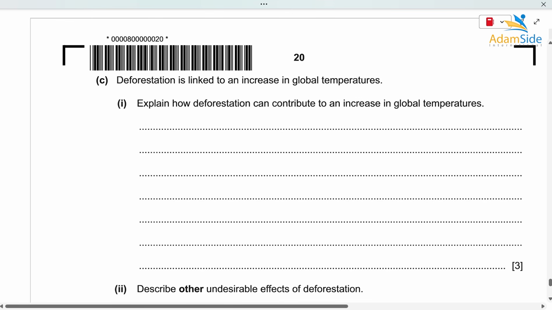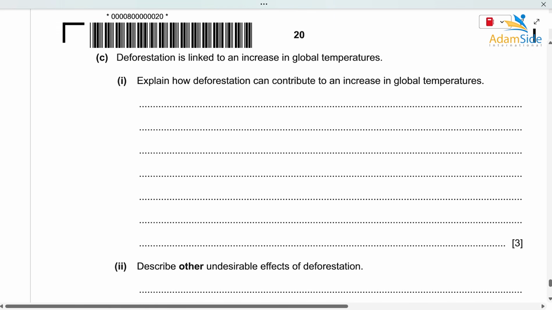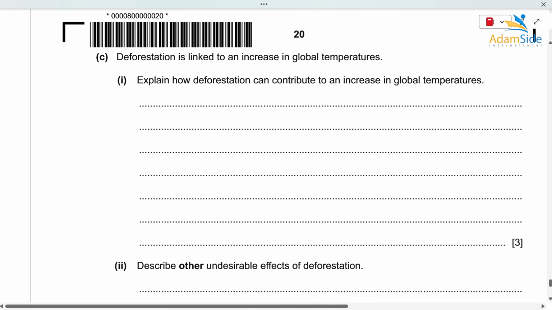Deforestation is linked to an increase in global temperatures. Explain how deforestation can result in an increase in global temperatures. First of all, deforestation results in a smaller number of plants. So we have a decreased rate of what? Of photosynthesis, which results in increased carbon dioxide concentration.